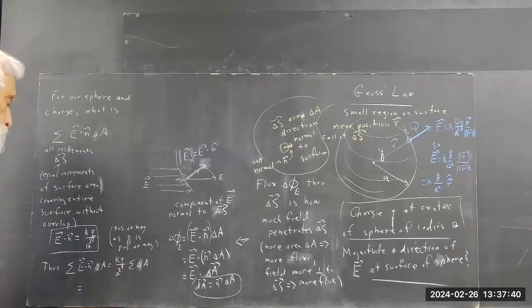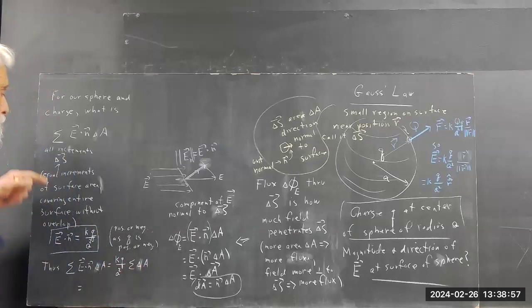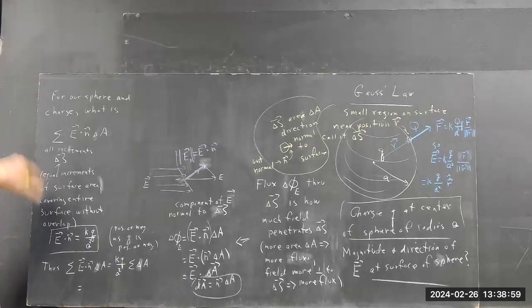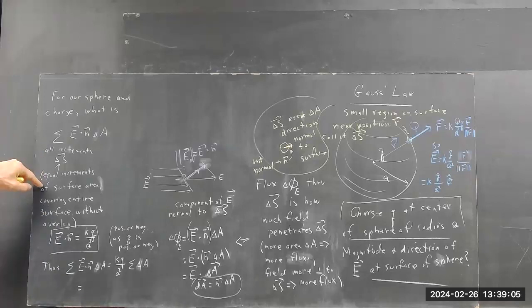What's the sum of all your delta A's of your surface increments that cover the entire surface without overlap? Well, we divide the surface of the sphere up into little non-overlapping increments. And it actually doesn't matter if they're equal increments or not.